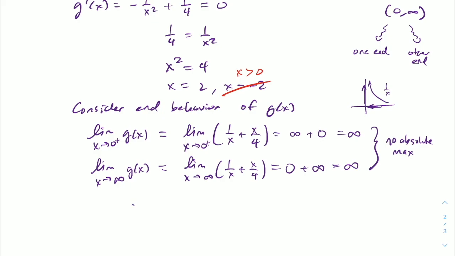So let's consider g of 2 now. We'll get 1 over 2 plus 2 over 4, or 1/2 plus 1/2, which is 1. And this is going to be our absolute minimum.